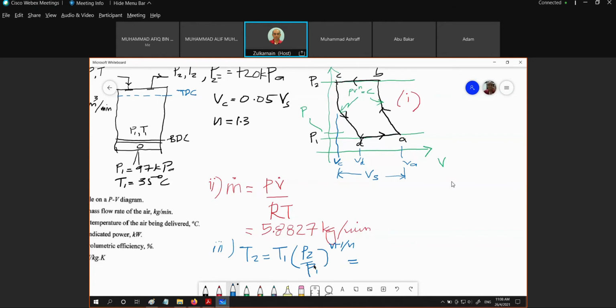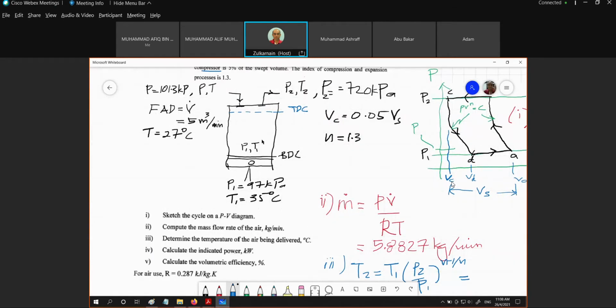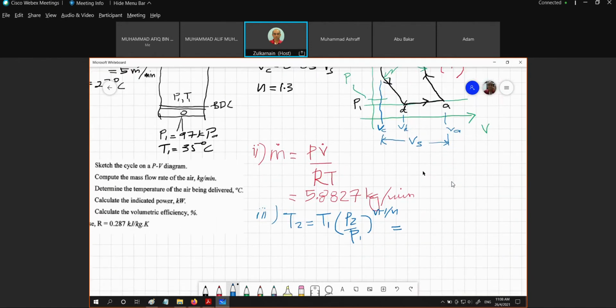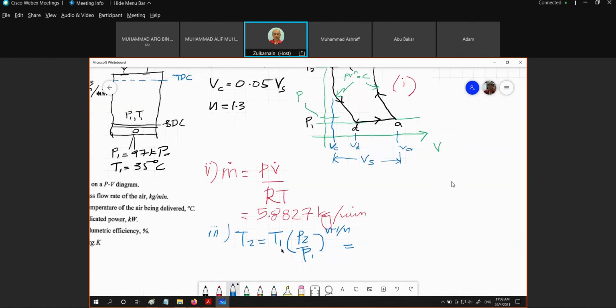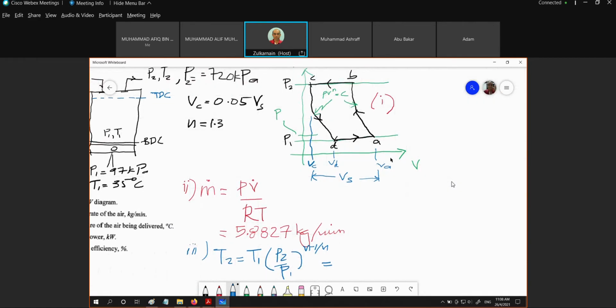A normal mistake students make is putting P instead of P1. If you put the value of P as 101.3 rather than 97, then it is wrong, because T2 is basically the process from A to B, which is the compression process.